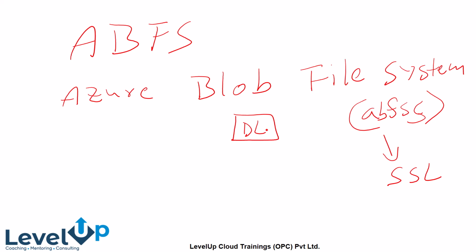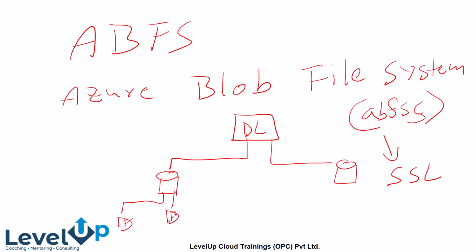Now because there's a file system, let us say this is a data lake. Now a data lake can have a hierarchical architecture. What does that mean? Let's say in a data lake I can create a container. We can create another container. Under each container I can have, let's say, folder 1, and again a folder 2.